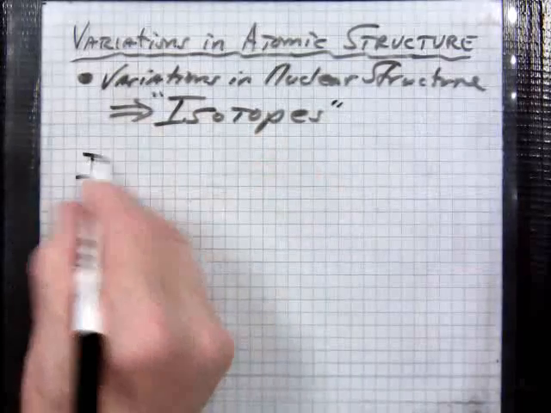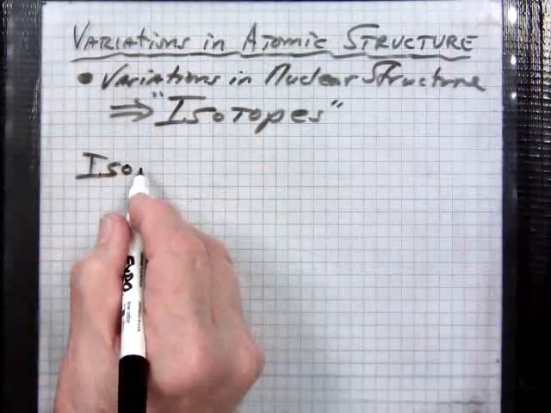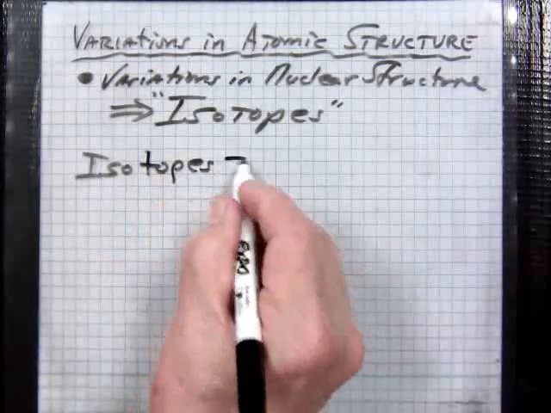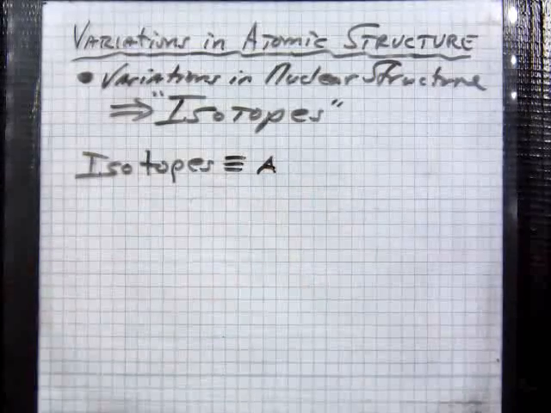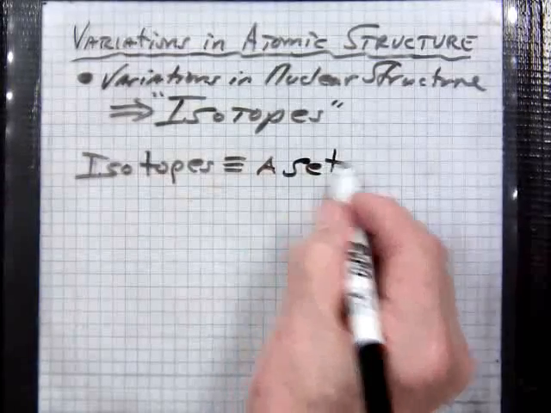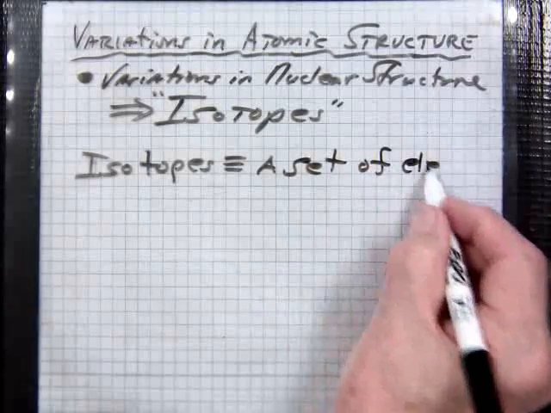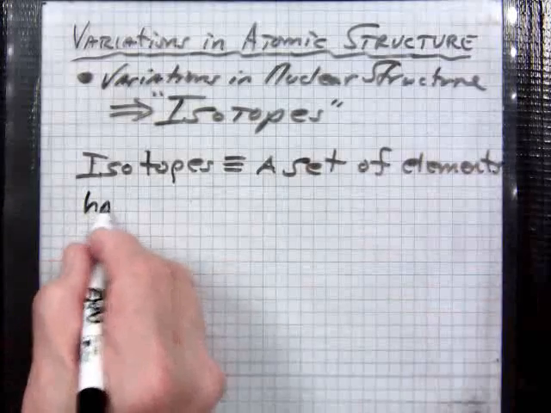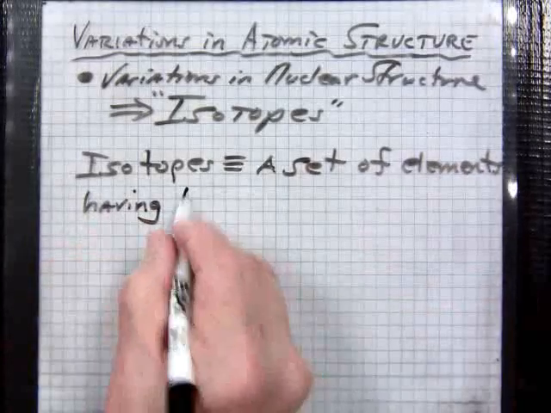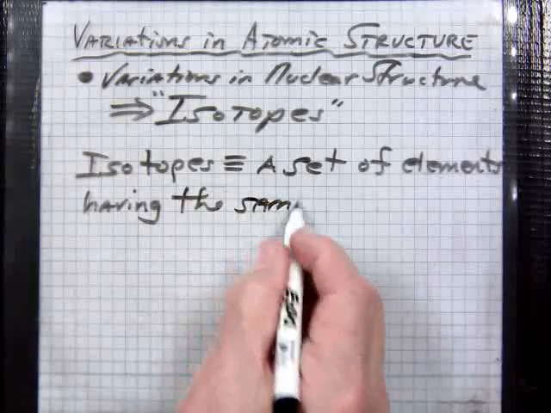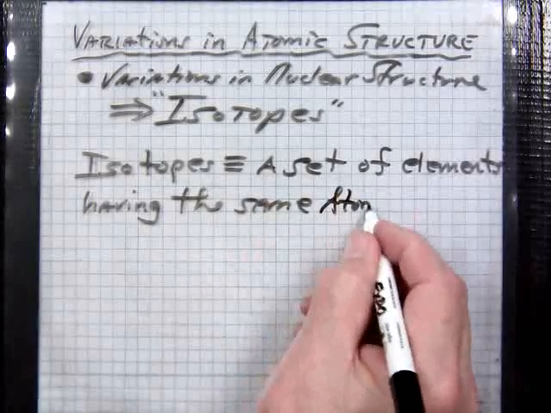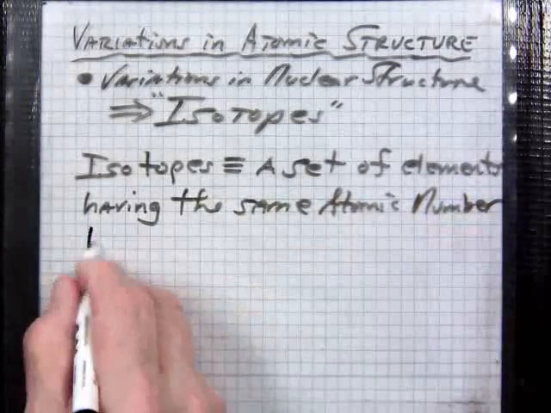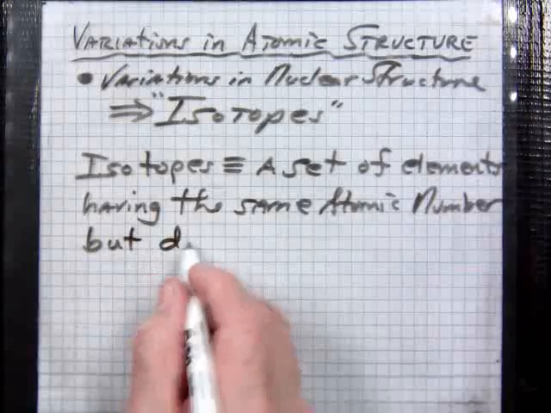An isotope, or isotopes, represents a set of elements having the same atomic number, but different atomic masses.